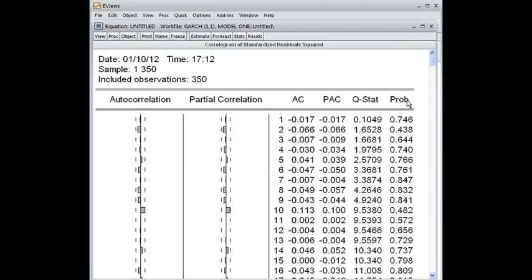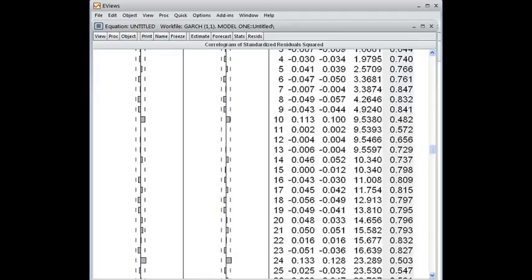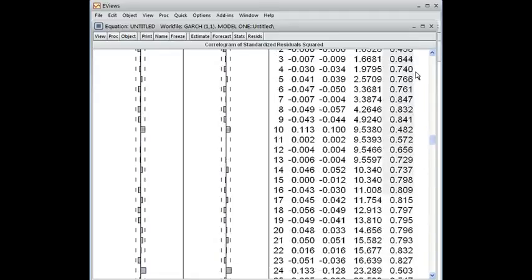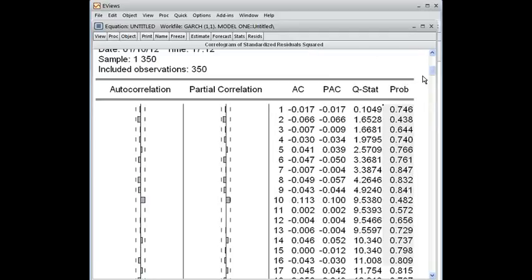Here are the Q-statistics and the corresponding p-values. You see all the p-values for the 36 lags are more than 5%, meaning that we cannot reject the null hypothesis. And what is our null hypothesis? Residuals have no serial correlation. So that is a good sign.